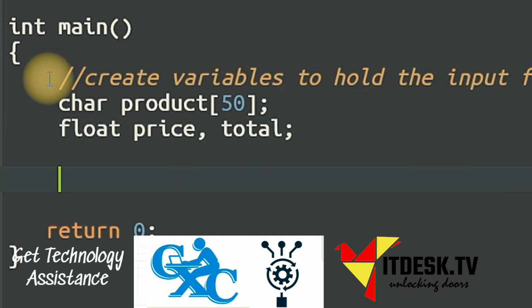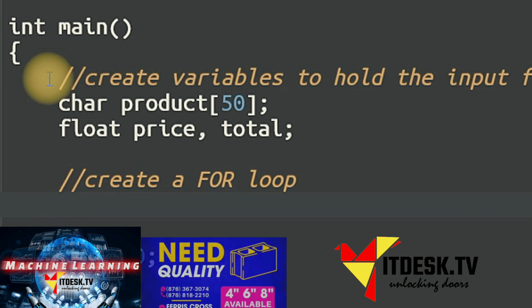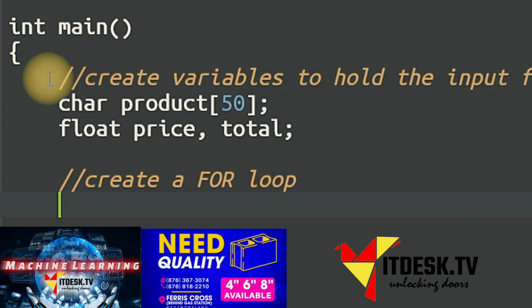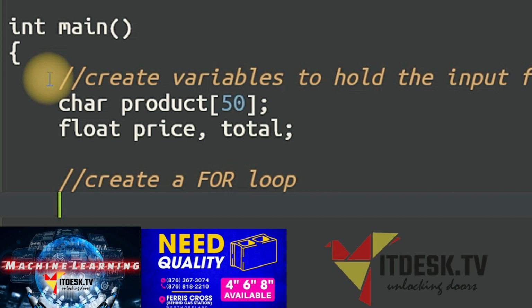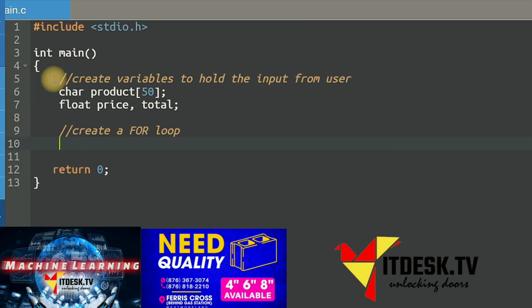The next thing we're going to do, we're going to create a for loop, because we're going to take the price twice. We're going to get the price twice, right? So we're going to get a loop that pretty much goes around 2 times, and when we get the price, we're going to assign the price into the total variable, which is here.